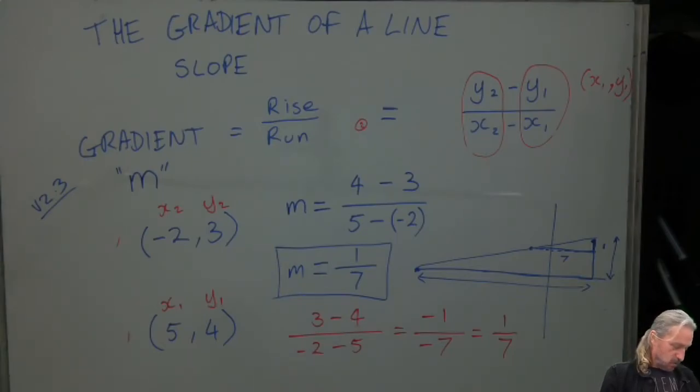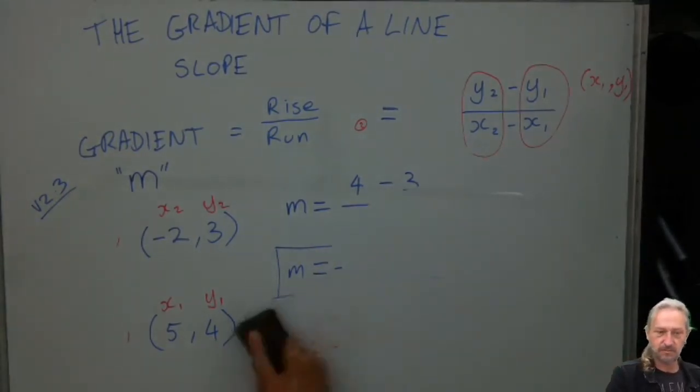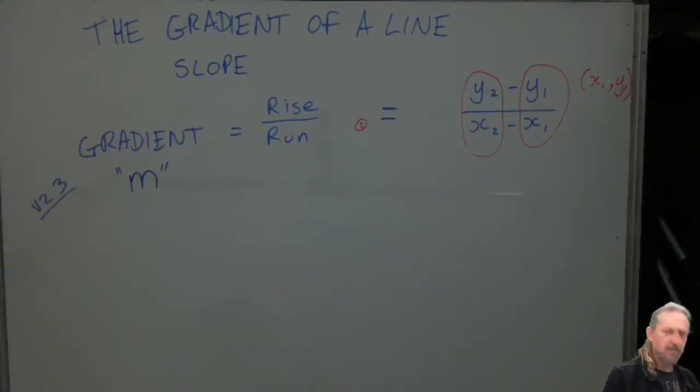Right, so we've got one more example where we're given two coordinates and we need to find the gradient between those 2 points. And I might do this both ways as well.